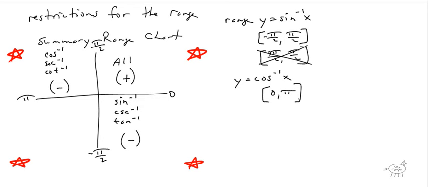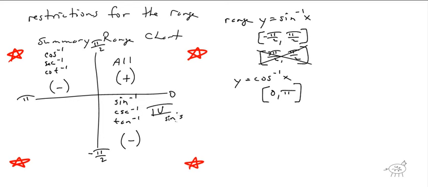I put these negatives and positives there because that's where, if you remember from All Students Take Calculus, in the fourth quadrant, of course, sine and cosecant and tangent are all negative. In the first quadrant, they're all positive, and in the second quadrant, cosine, secant, and cotangent are all negative. And just to help you with remembering this chart, I always say in quadrant 4, the sines rule.